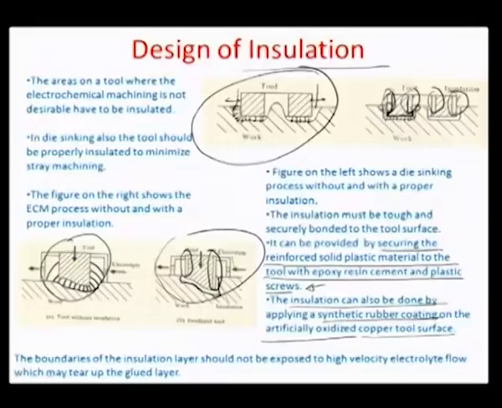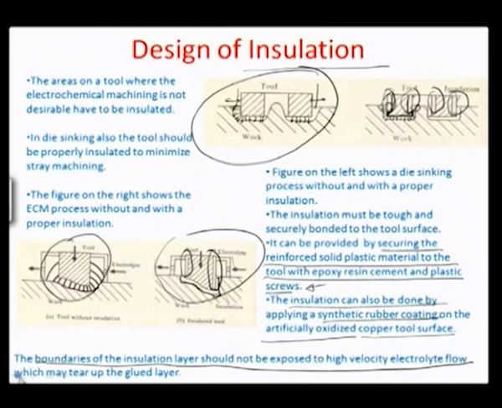And so you have a very clearly demarcated insulated and non-insulated region on the tool surface. The boundaries of the insulation layer should not be exposed to high velocity of electrolyte flow, because sometimes they tear up the glued layers, as I already told you, and this automatically, by virtue of the fact that insulation is needed mostly towards the end.